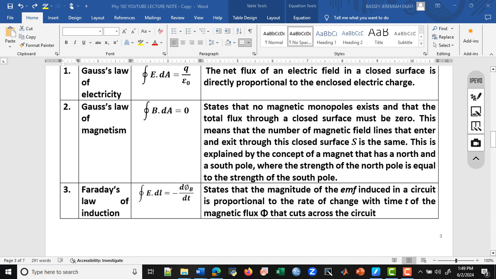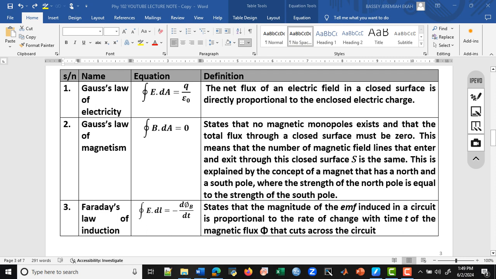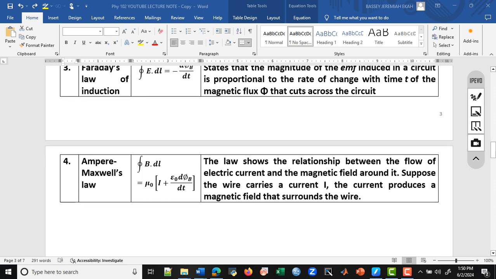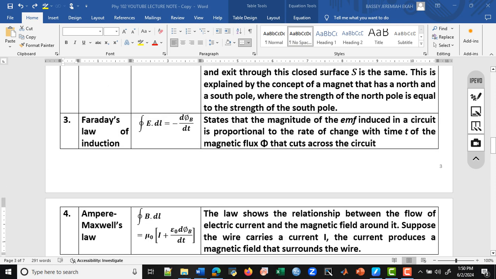But I want us to note the mathematical expressions for Gauss' law of electricity and Gauss' law of magnetism, and then Faraday's law of induction and the Ampere-Maxwell equation.